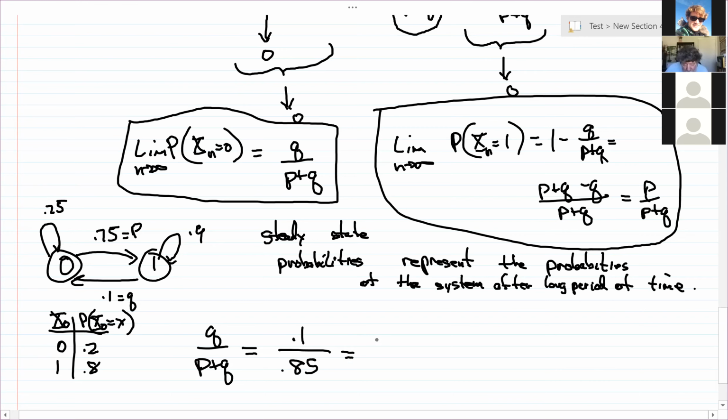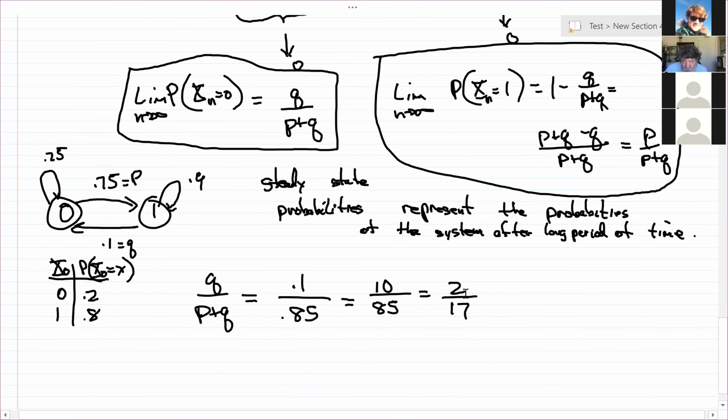And that would get you 10. And that would get you 85 here. Right, and you divide by 5 now, this will get you 2. And you divide by 5 now, what would you get? 17. Yeah, that's right. So the chance that the system is down after a long period of time is like 2 over 17. That's the chance it's broken.